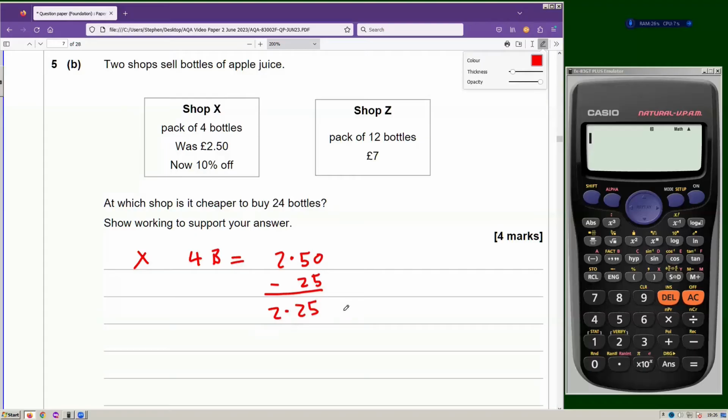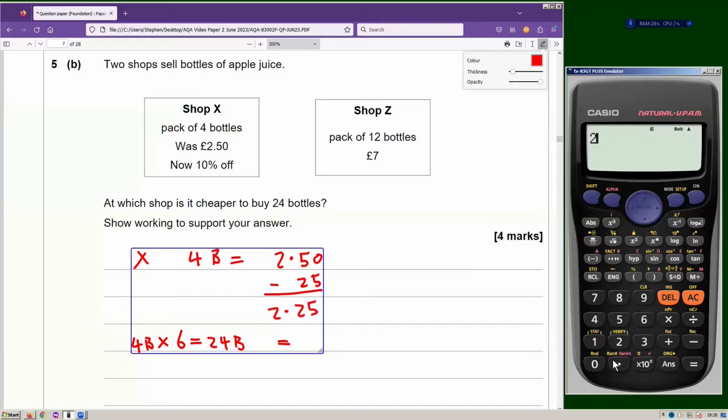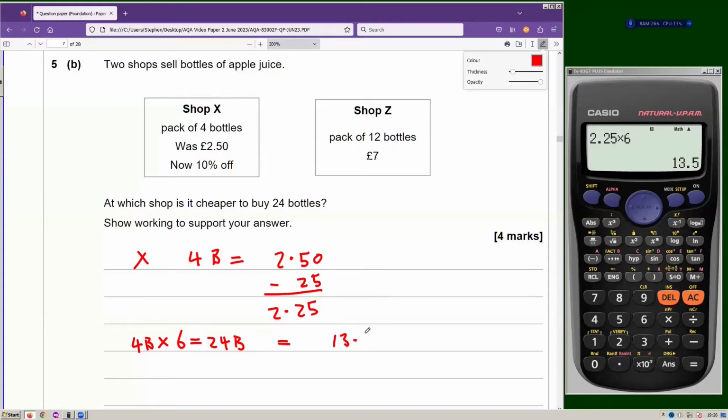Then 24B is 4B times 6. So we times our £2.25 by 6. It's 2.25 times 6, which is £13.50. Okay, so that was that one.